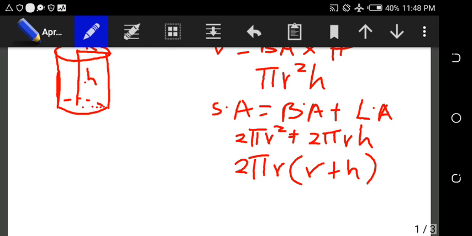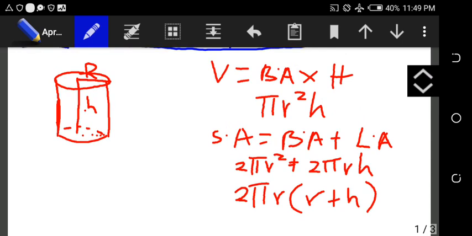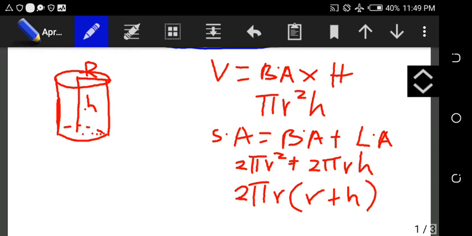So this is the surface area of a cylinder. So that is that for the cylinder. The volume is given by pi r squared h, while the surface area is given by 2 pi r squared plus 2 pi r h.